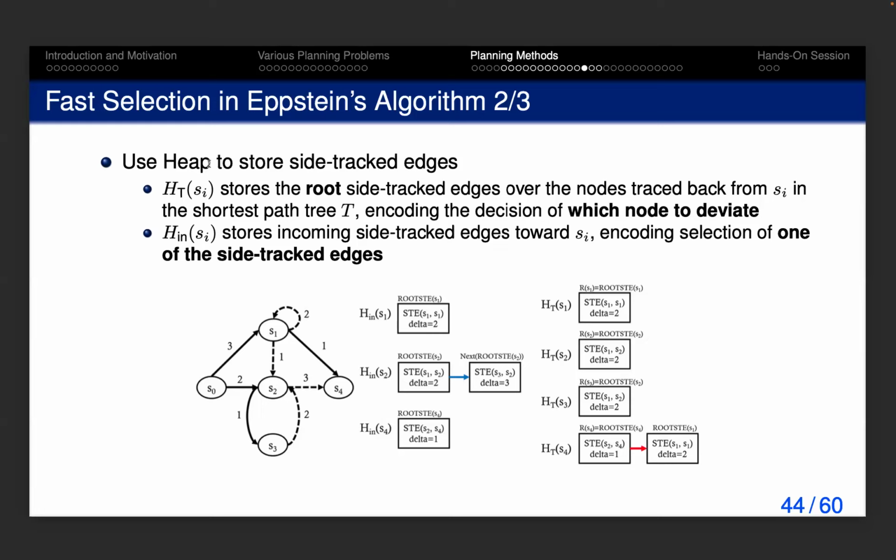And for this one, if you follow this sidetrack edge, the deviation cost is going to be 2, 1, 2, 5. But the cost along the shortest path tree was 2, so delta is 3. So these deltas are all the cost deviation relative to the path in the shortest path tree when using that one sidetrack edge. By having this, you know how things are all sorted on these sidetrack edges.